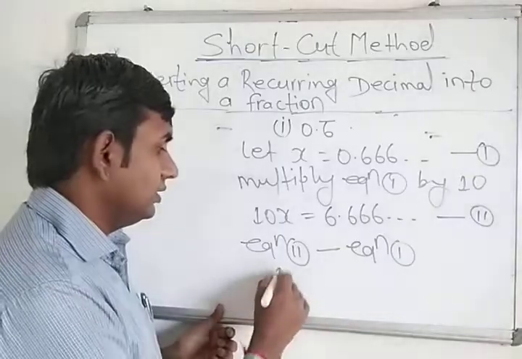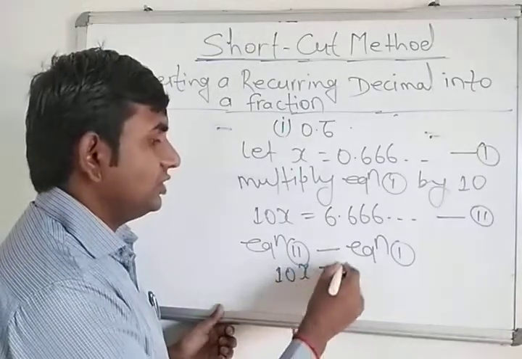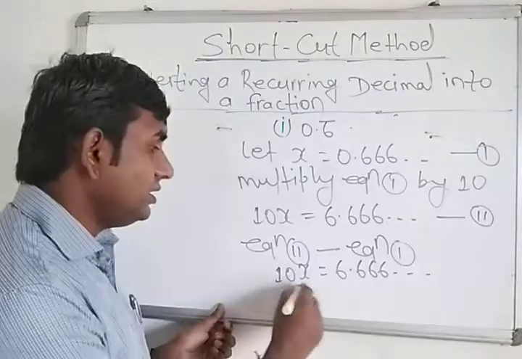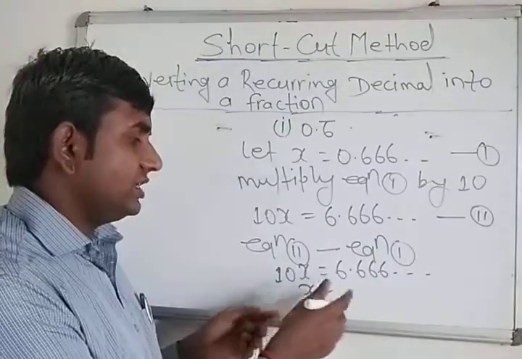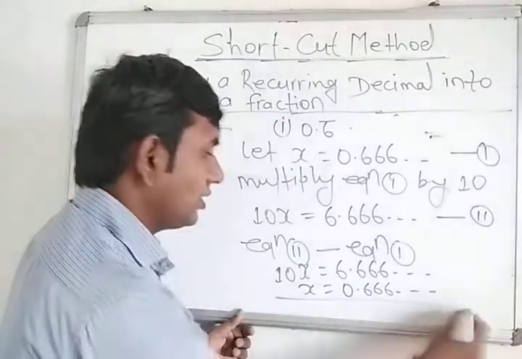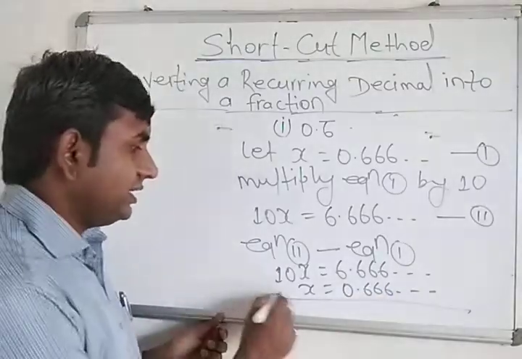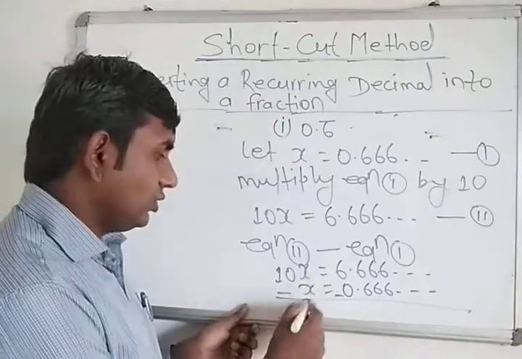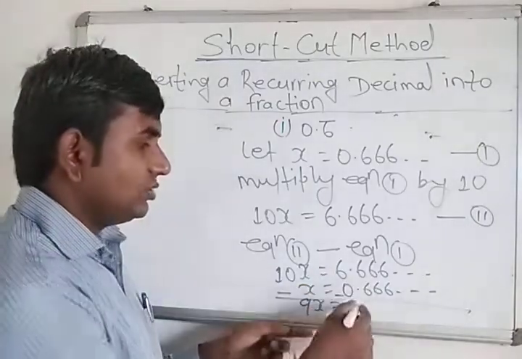Then we have 10x is equal to 6.666 and so on, and the first equation is x equal to 0.666 and so on. After subtracting, we find 9x equals 6. Why?